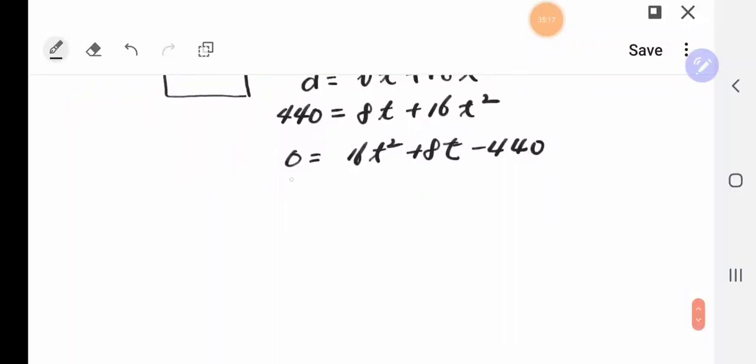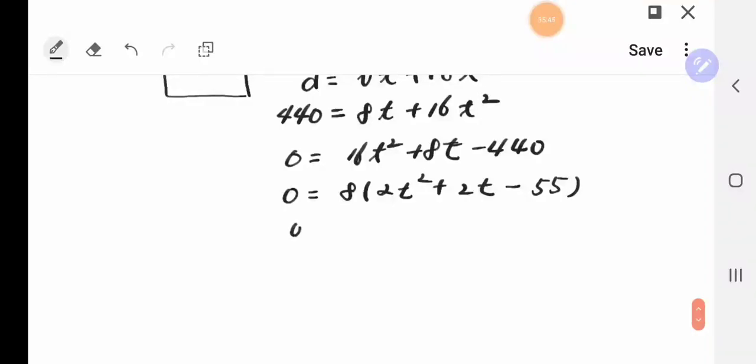Okay, let's factor the right side of the equation. Since one side of the equation is 0, we factor the other side. Then we can factor out 8, then 2t squared plus 2t minus 440 is 8 times 55.